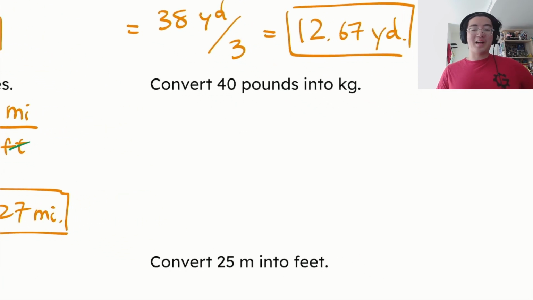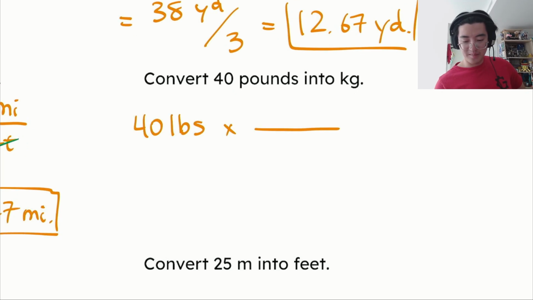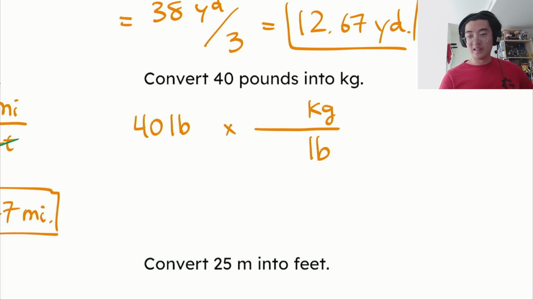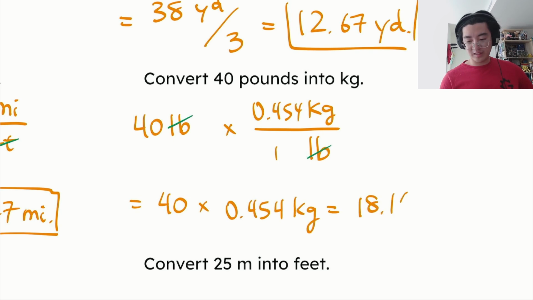Okay, here's the fun part. Pounds into kilos. Pounds is what we want to cancel out, and I want to convert to kilos. We know 1 pound is 0.454 kilos. Pounds cancel out, so it's 40 times 0.454, which is 18.16.